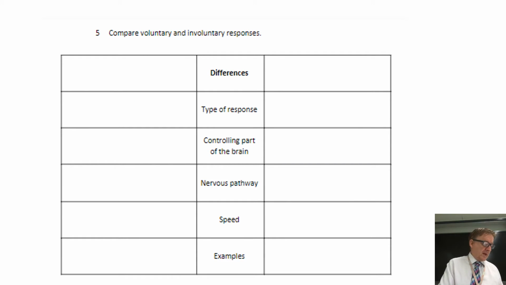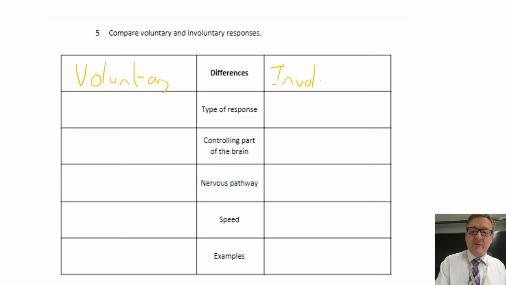Right, comparing voluntary and involuntary responses. So I'm just going to write up here voluntary, and I'm going to write up here involuntary. Okay, the words themselves kind of make sense, right? So voluntary is something that you're obviously deciding to do.